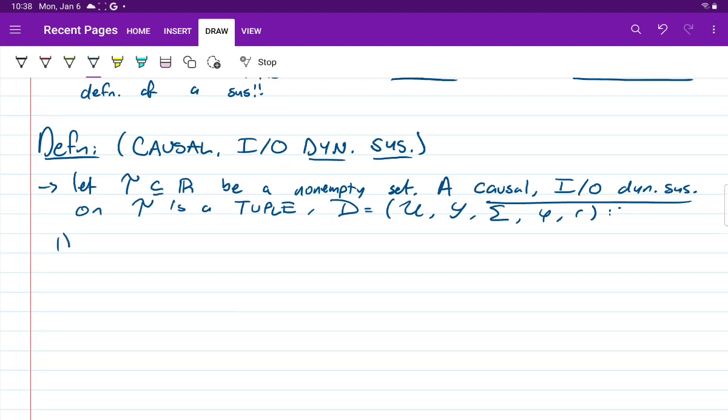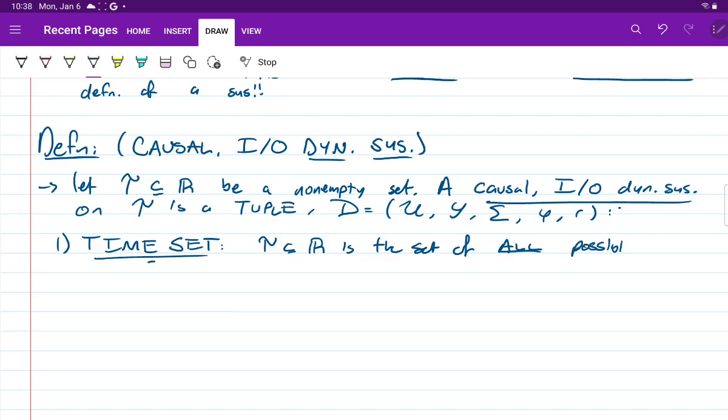First, T is called a time set. The set T is the set of all possible times in the system. For the simple example of the shower, this was something like the time of day, maybe measured in seconds or minutes, but it's all the different possible times of the system.